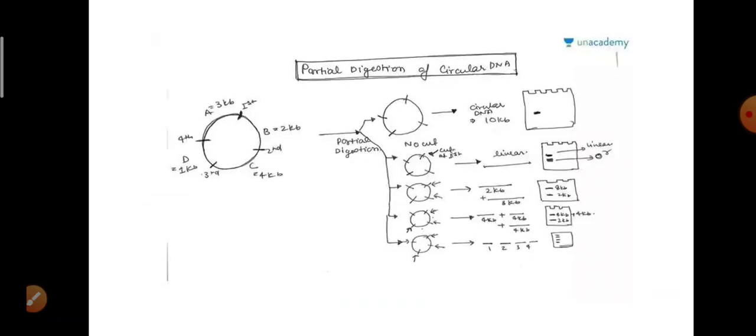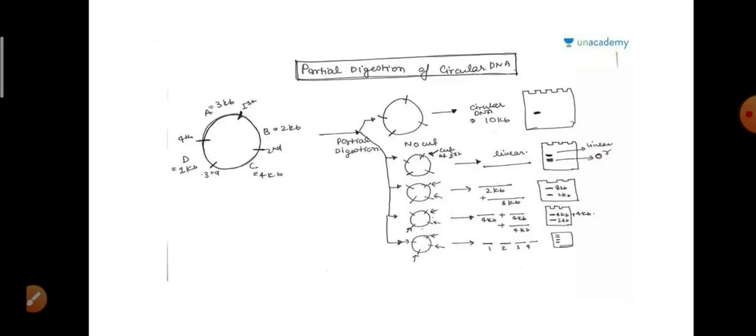Next slide. Here there is a partial digestion of circular DNA. If there is not a complete digestion, there may be partial digestion, that is, the enzyme cuts one restriction site and misses one and cuts another site, and that will produce different lengths of DNA. You can see the consequences.